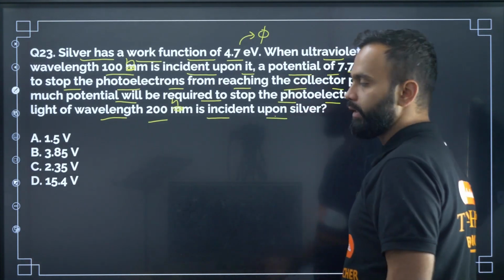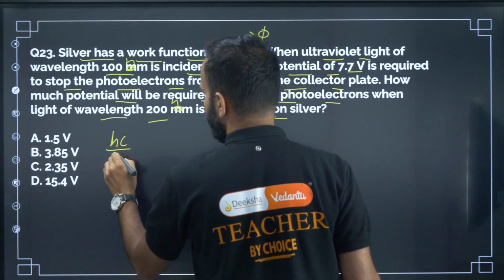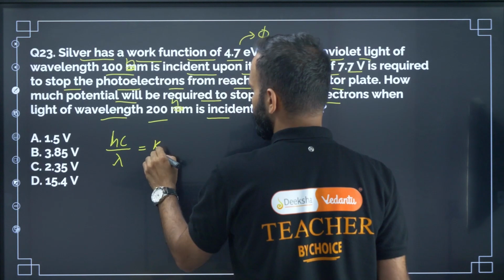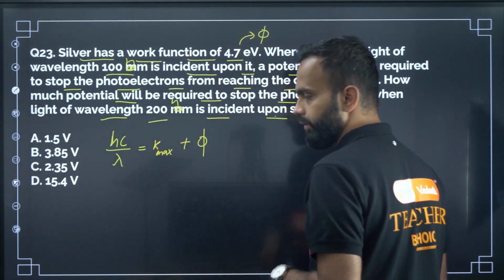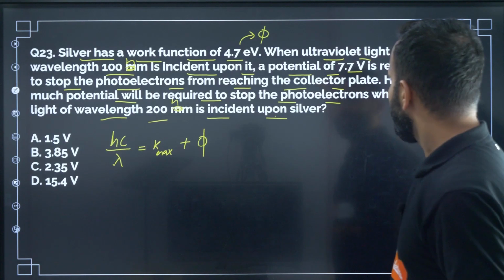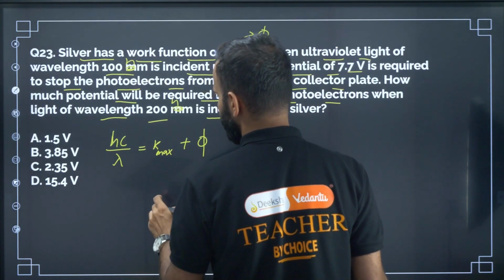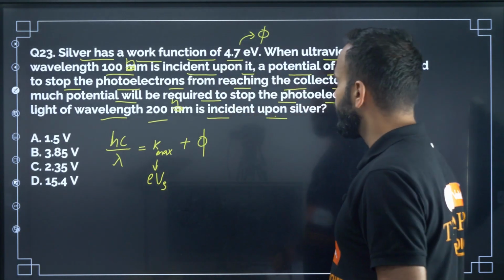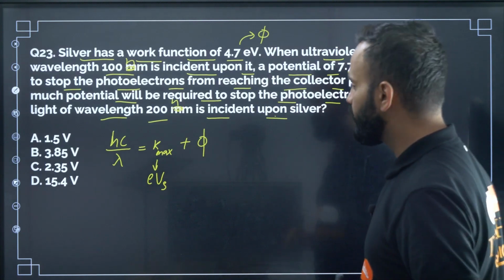First write the photoelectric equation. Energy of the incident light is equal to maximum kinetic energy of the photoelectron plus work function phi. Here the maximum kinetic energy of the photoelectron is e into Vs, where Vs is the stopping potential. We need to find the stopping potential for 200 nanometer incident wavelength.